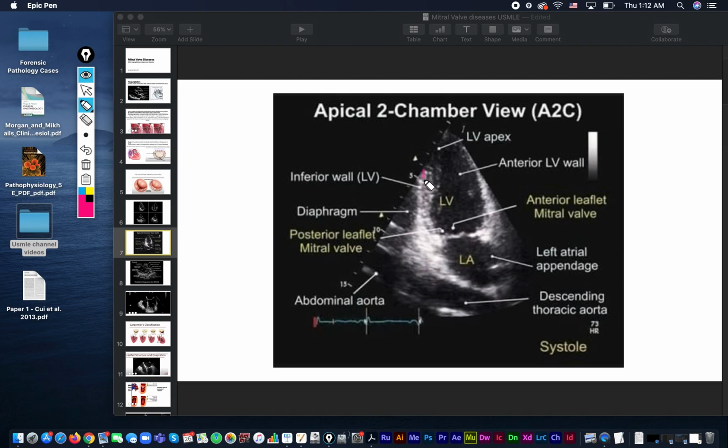So when you're looking from the left ventricular apex, it makes complete sense because the left ventricle is orientated anterior to the right ventricle. So this has to be the lateral wall of the heart, and don't get it confused with the four-chamber view, where this would be the right ventricle, right?